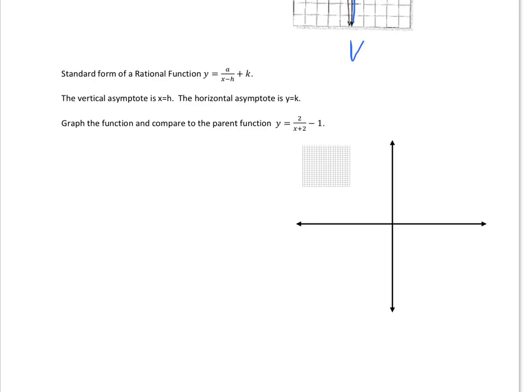So the standard form is y equals a divided by the quantity x minus h, plus k. The vertical asymptote is x equals h, and the horizontal asymptote is y equals k. So we need to graph x equals -2, y equals -1, and I know a is 2, which would mean a vertical stretch by a factor of 2.